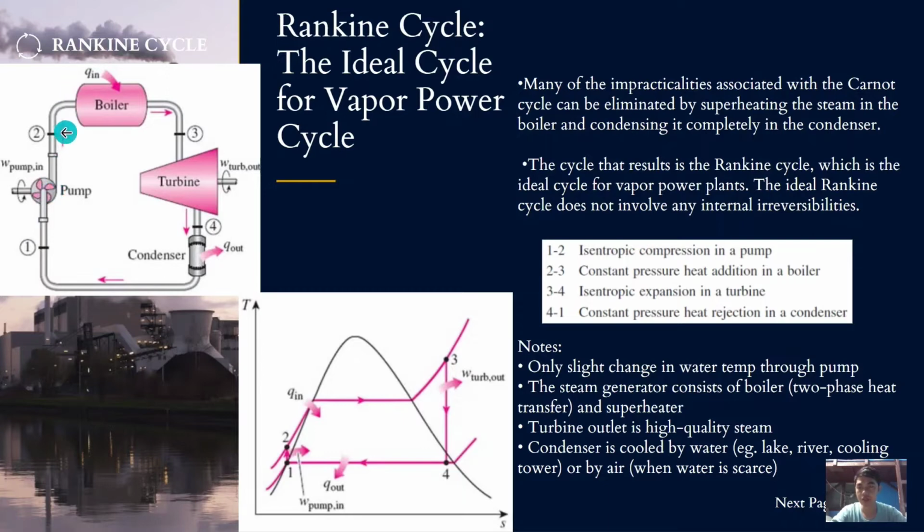From the pump, the water is turned into vapor, or steam, as it passes through the boiler. Process 3 to 4 is isentropic expansion in the turbine. The steam from the boiler goes to the turbine to create torque and produce the work output, which becomes electricity from the turbine torque. Then 4 to 1 is constant pressure heat rejection in the condenser.